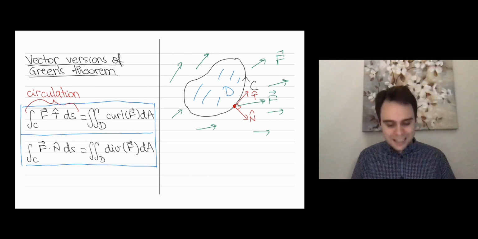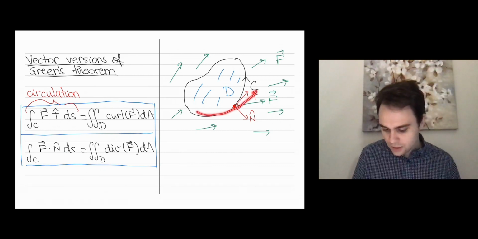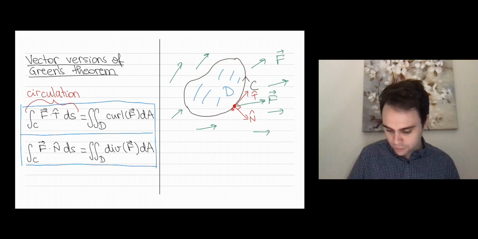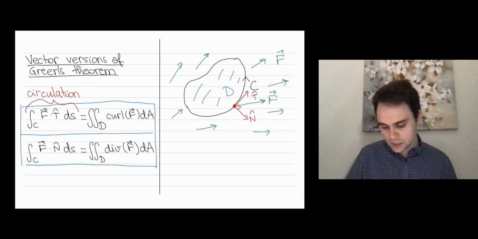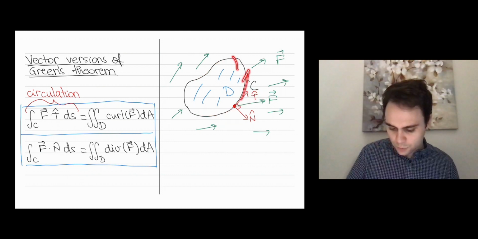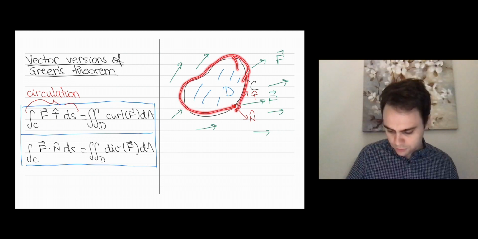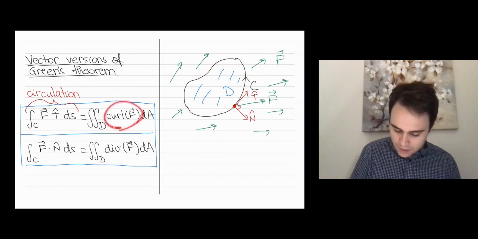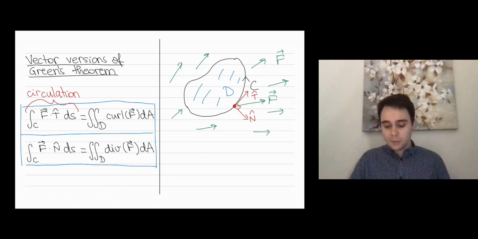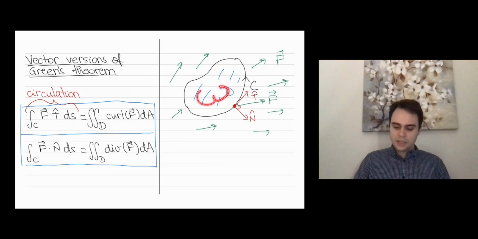It makes sense that the circulation, this number that I get by seeing how much f is aligned with the tangent as I go around the curve, has to do with rotation around the curve. So what Green's theorem is telling me is that if the fluid is rotating inside the region, you can see that by going around on the boundary.